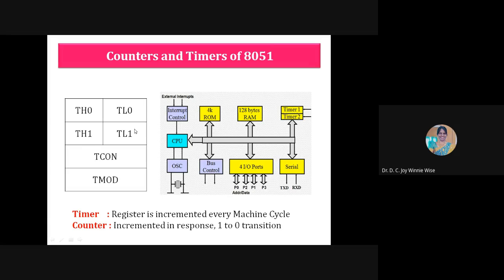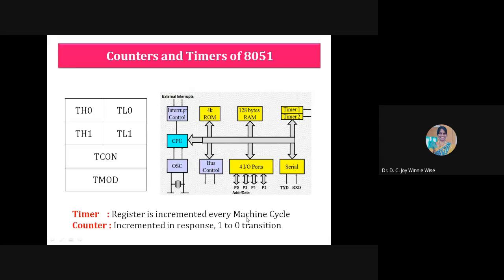I have loaded the data 15 in this TL0 register. Whenever it receives a clock pulse, the value will be decremented: for the first clock pulse it will go to 14, 13, 12, and so on down to 0. When it reaches 0, the counting is over. So timer means there will be a change for every machine cycle.